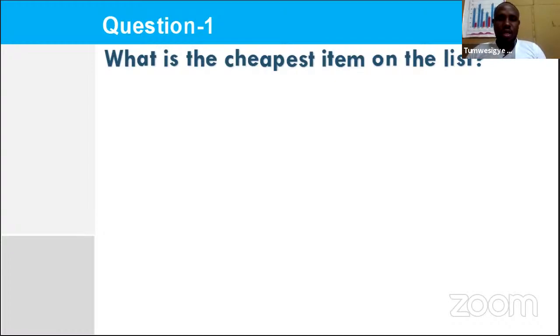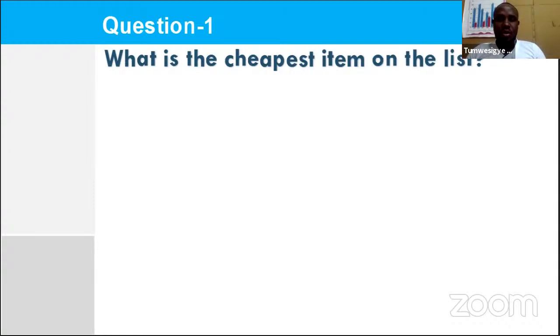It means therefore that you have to look at our shopping list. Then after you look at the prices, you compare the prices.